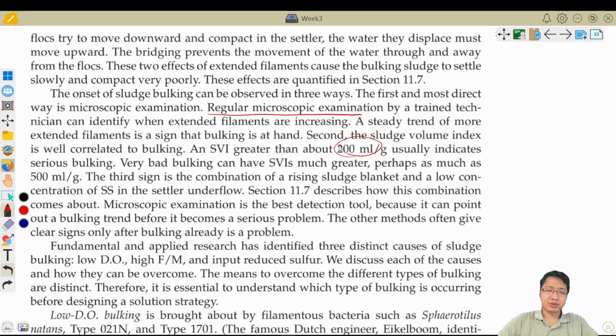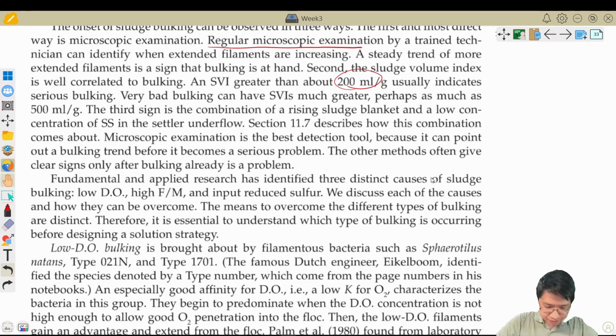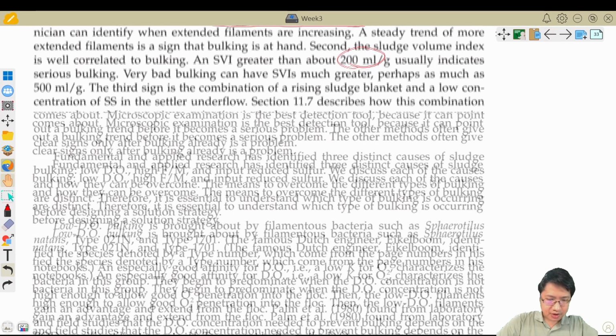So we generally use microscope examination as our best detection tool to directly observe if there are any extended filaments in your activated sludge floc.